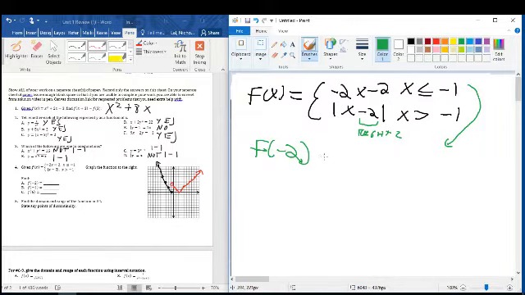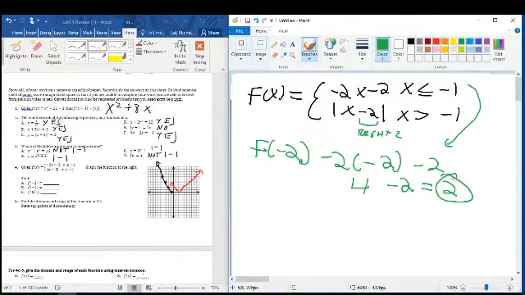That's -2 times -2 minus 2, which is equal to 4 minus 2, which is equal to 2. So f of -2 is 2.